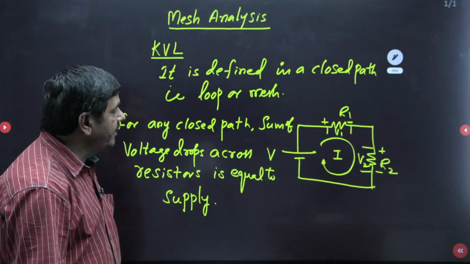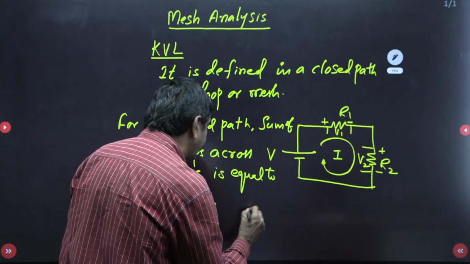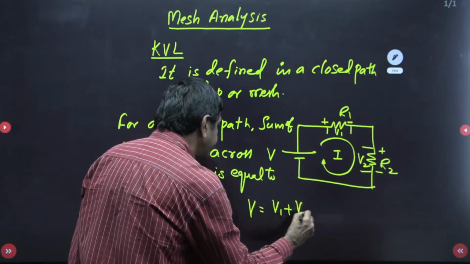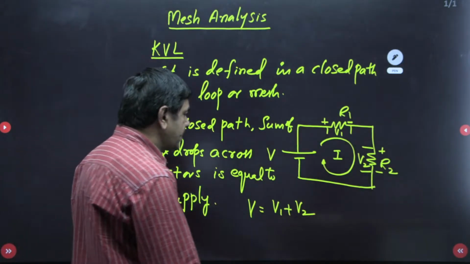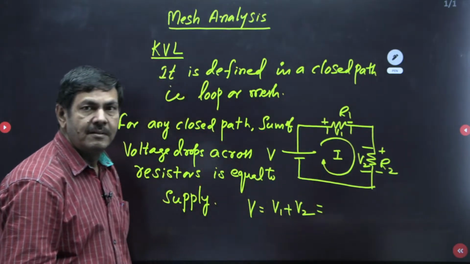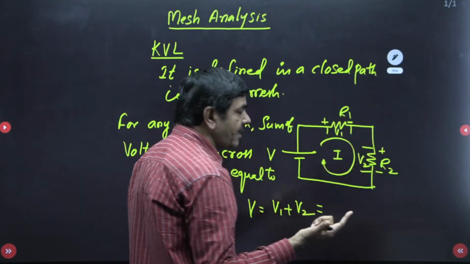How can we write an equation? Supply voltage V equals V1 plus V2. V1 is nothing but the drop across this R1. What drop is possible? Current into resistance, Ohm's law is applicable.